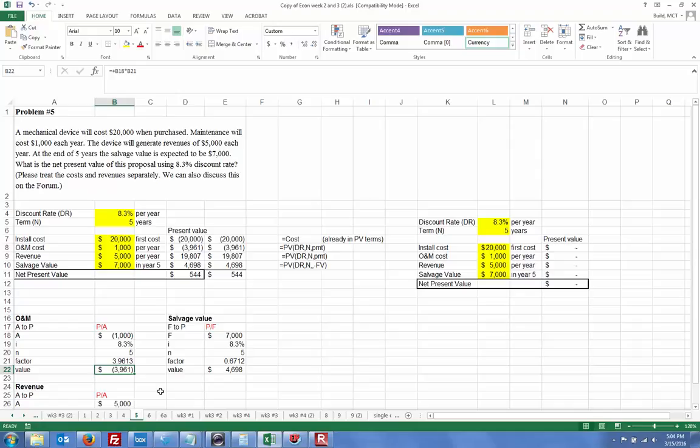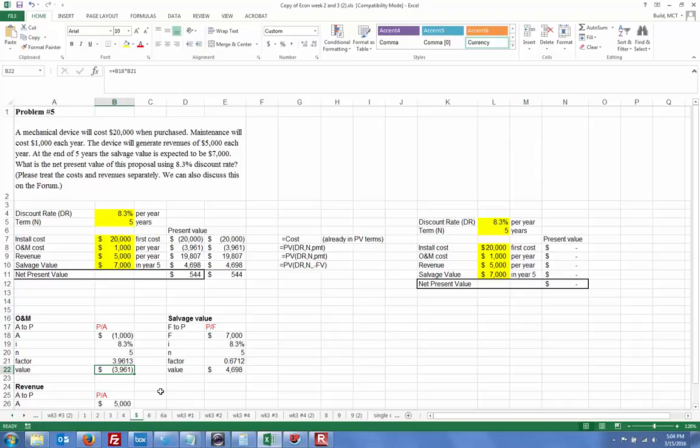And this always seems a little strange to me, because I would think, oh shoot, I'm going to need more than $5,000 now because the money's going to become worth less. Right.